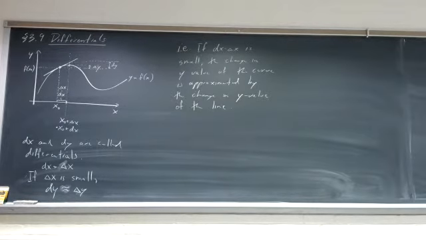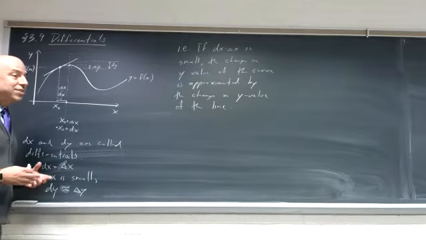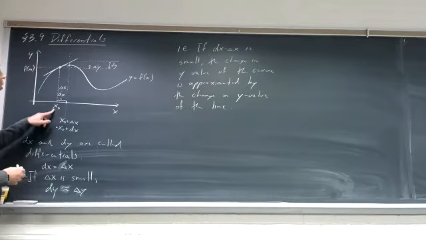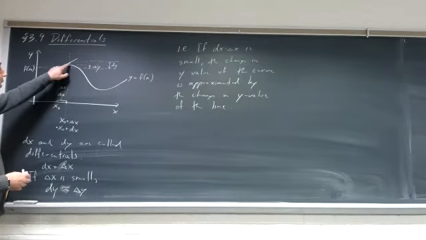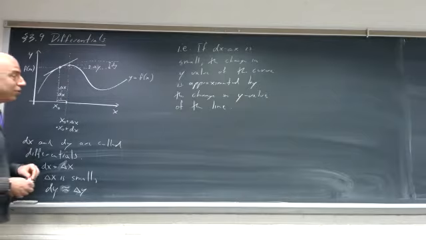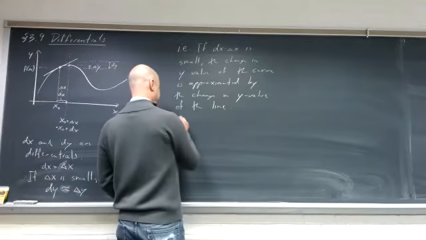Okay, so the practical upshot of this is that for values near x naught, we can use the line to approximate the values of the curve.